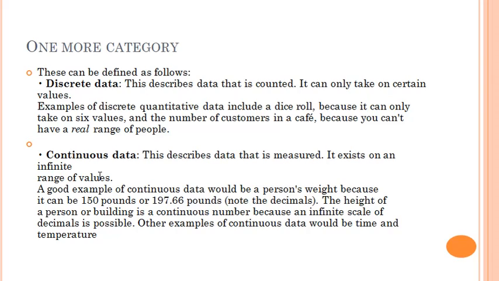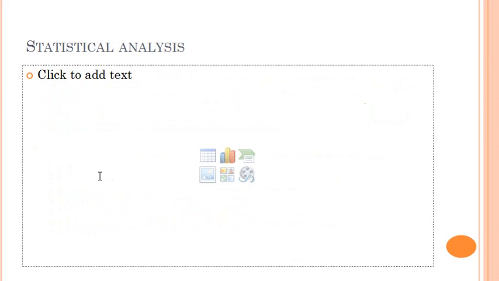The height of a person or building is a continuous number because an infinite scale of decimals is possible. Other examples of continuous data would be time and temperature, because they can vary a lot.